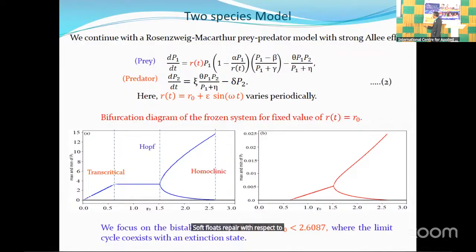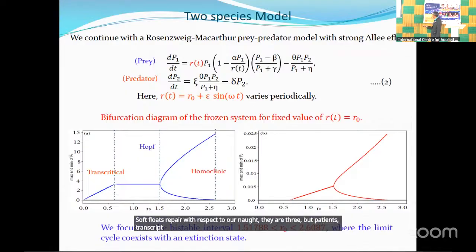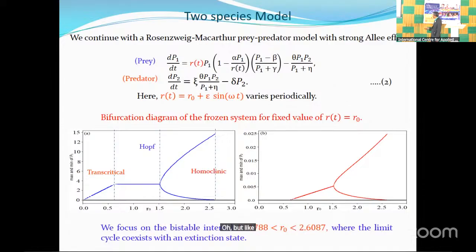There are three bifurcations: a Hopf bifurcation, a transcritical bifurcation, and a homoclinic bifurcation. So we are interested in this region where there is bistability between a limit cycle and an extinction state.